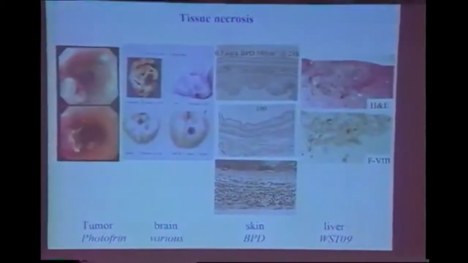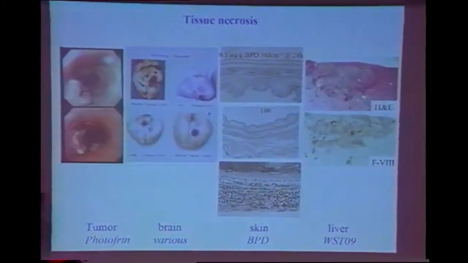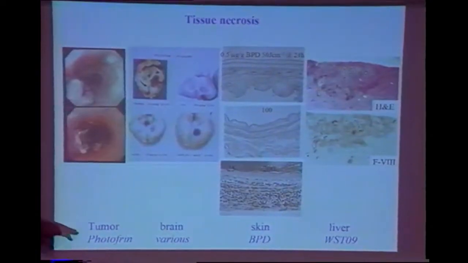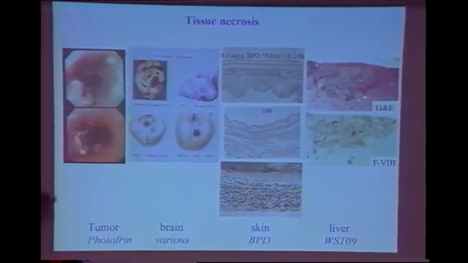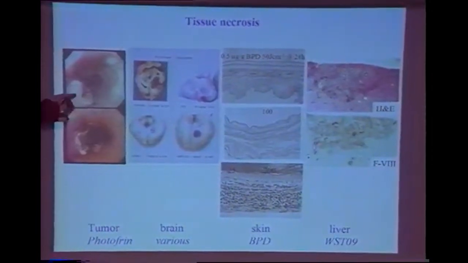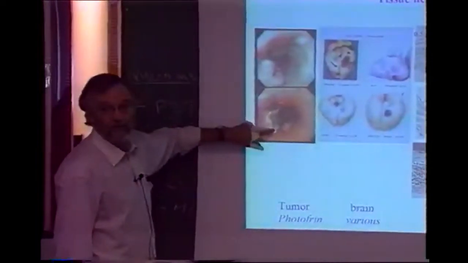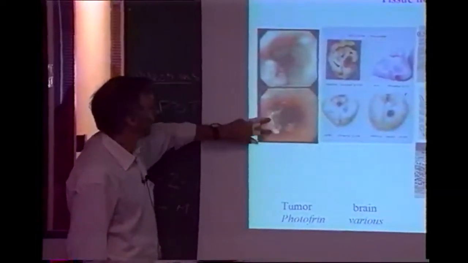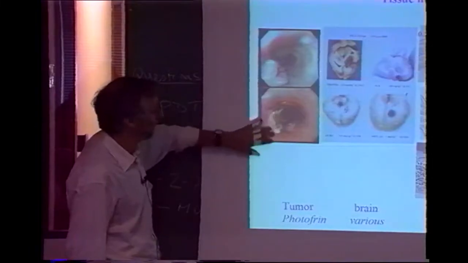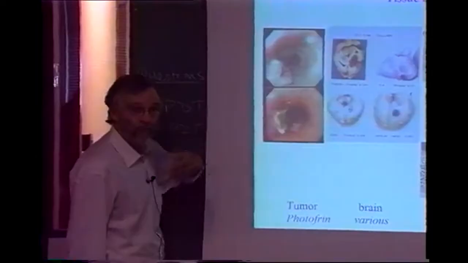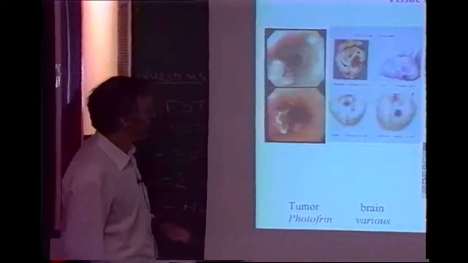So here are just some examples of tissue necrosis with PDT. In this case here is a tumor in the esophagus, treated with photocrypt. So we see the large tumor before treatment, and then this is 1 or 2 days after treatment. And you see essentially you cause necrosis throughout this whole volume, and then within a few days this comes off and the tissue heals.